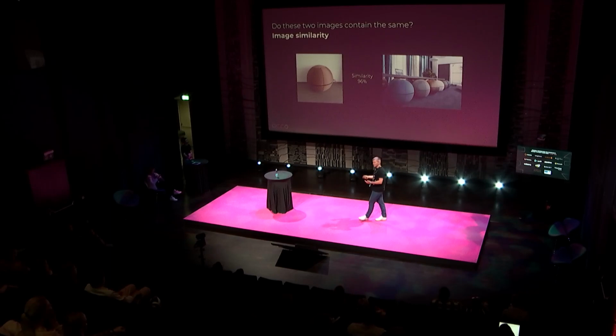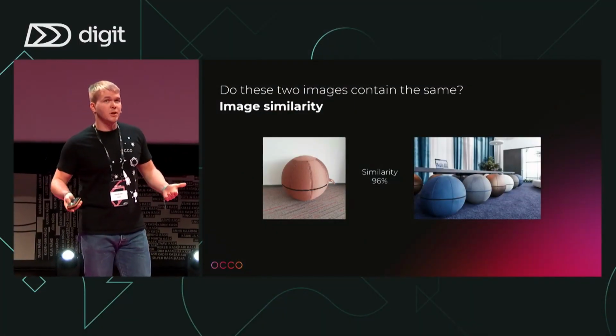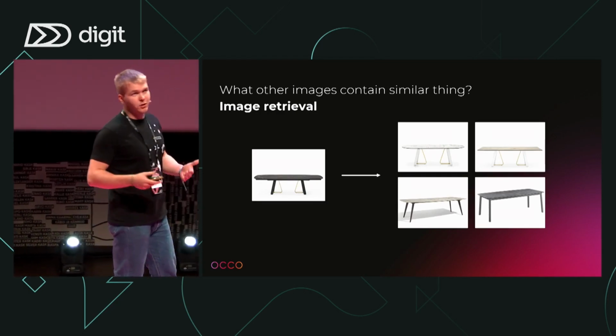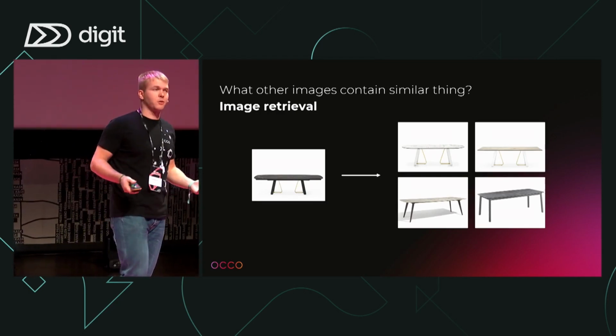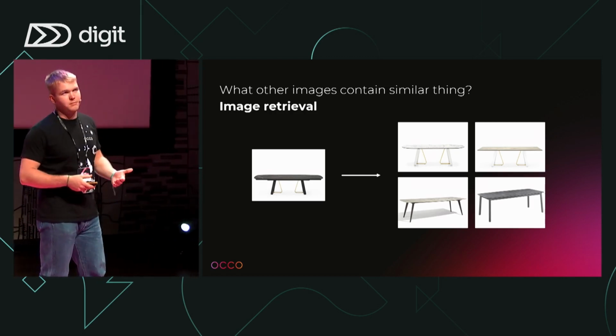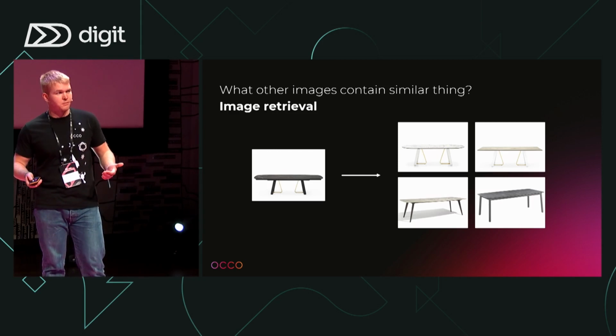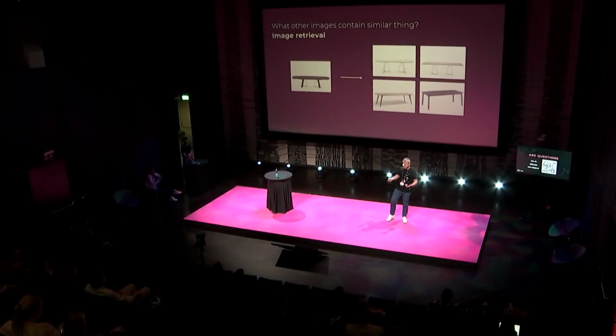And sometimes we ask, do these 2 images contain the same? Very common in verification services. And we do that with image similarity. And in OCCO's case, we often ask the question, what similar images do we have in our database that we can offer to the user? And we do that with image retrieval.